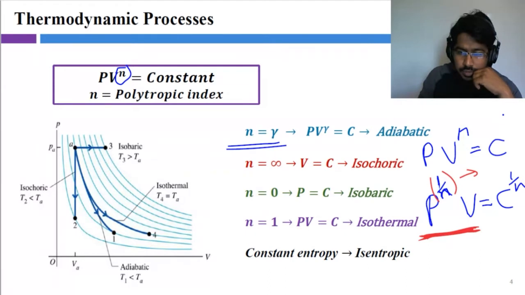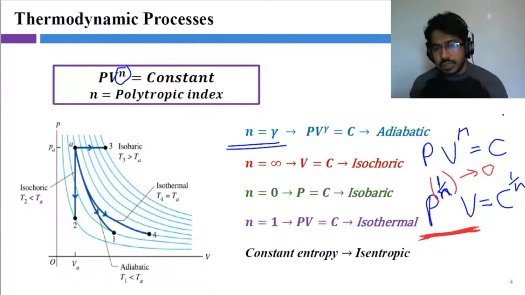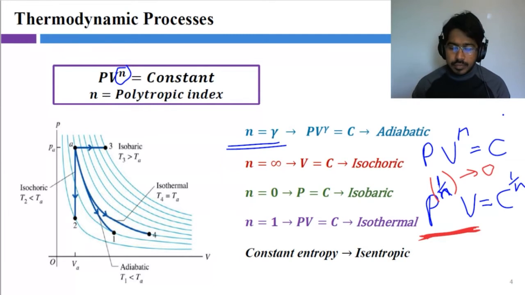Pressure goes to 1. Not exactly. Yeah, pressure goes to 1. Alexandra, you are correct. Okay, my bad. So when 1 over n gets closer to 0, then P to the power 0 becomes closer to 1, right? Then no matter what the pressure value is, our P to the power 1 over n is not going to change significantly even if we change the pressure. So this becomes very close to 1 and it's going to stay there. On the right side we have a constant. Therefore, V is going to be constant as well.